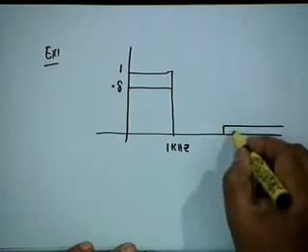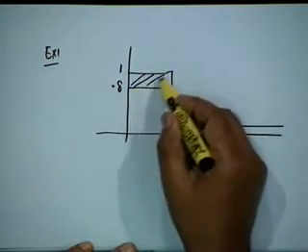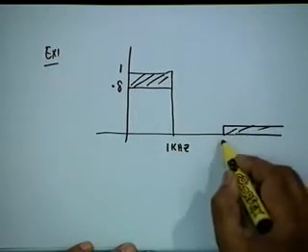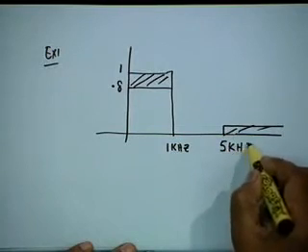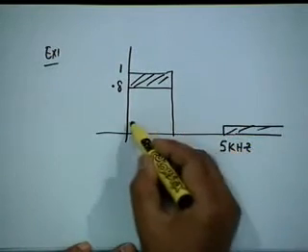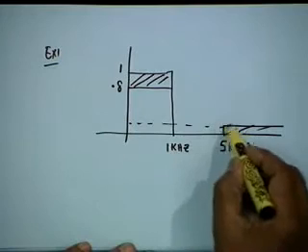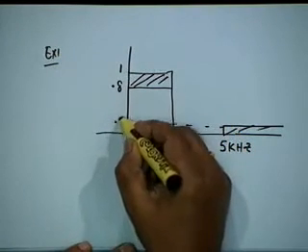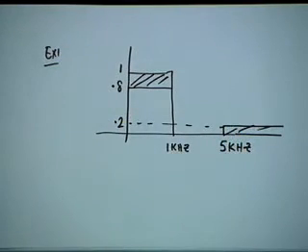In other words, the stop band starts at 5 kilohertz and the stop band transmission must be less than or equal to 0.2.